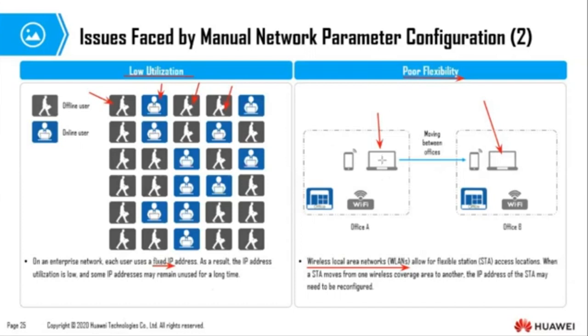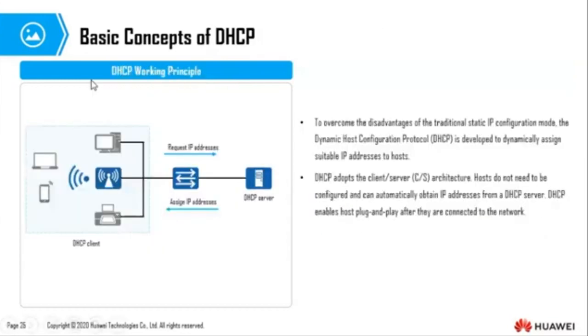So if you're using manual IP addresses, then it becomes hard for you to configure your wireline devices or access points to be able to support those stations. So DHCP solves all these problems. So how does it work? Easy.